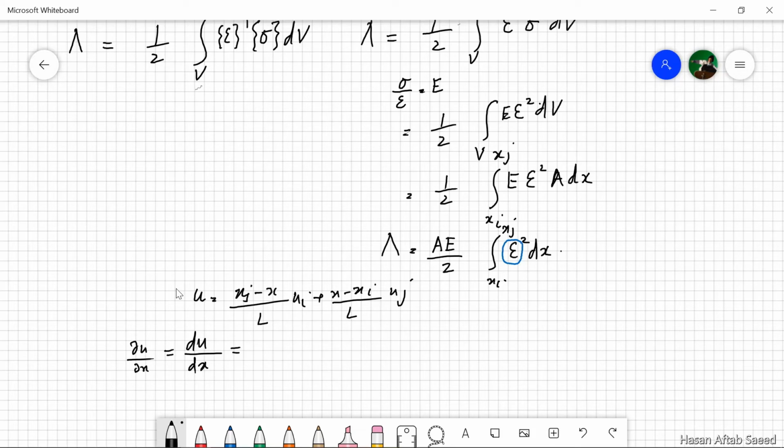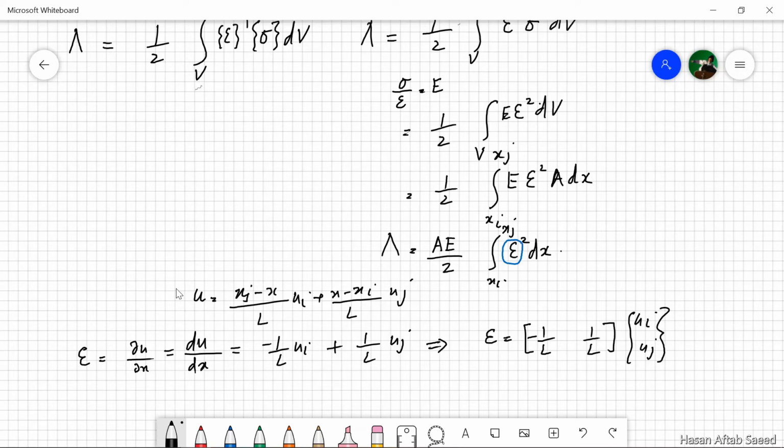We just have one variable. So we get minus 1 over L ui plus 1 over L uj, or in matrix form, we can write this as [minus 1 over L, 1 over L] times [ui uj].